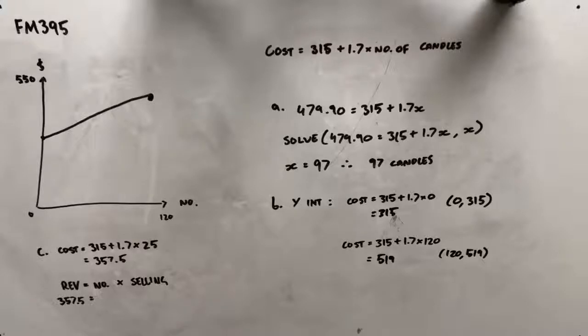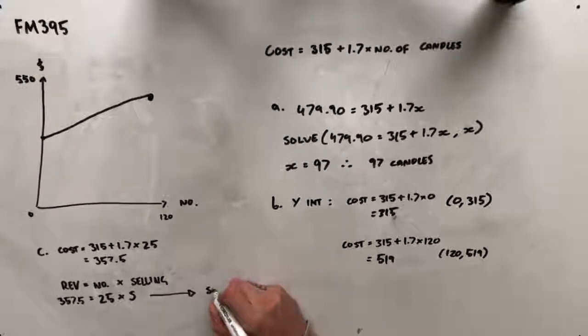The number of candles is going to be 25, because that's how many candles we've made once we've reached a cost of 357.5, which means if we leave this as S, we now have a formula that we can solve for S.